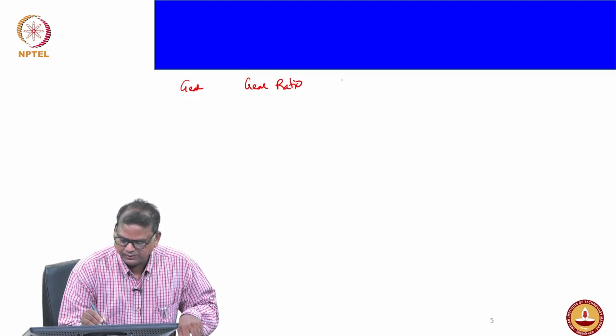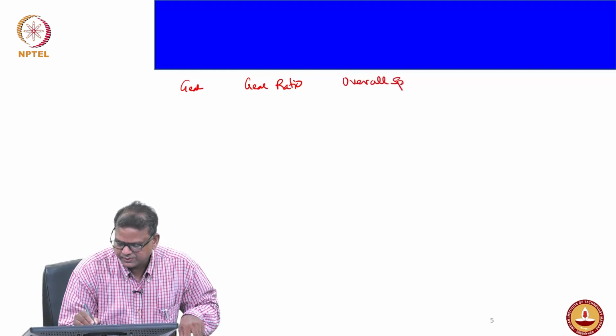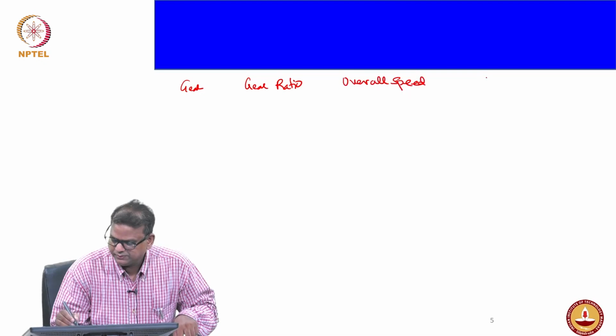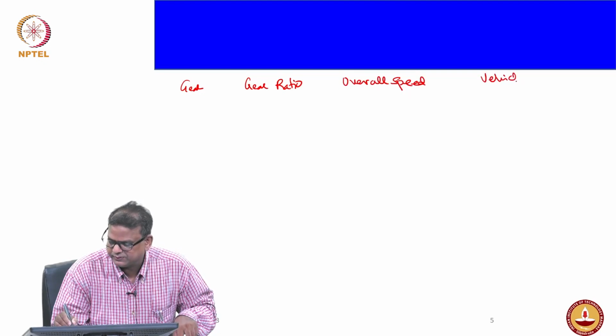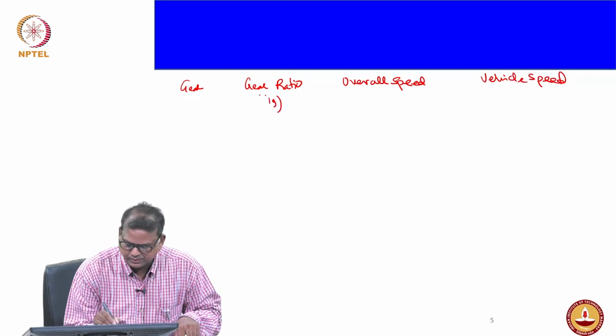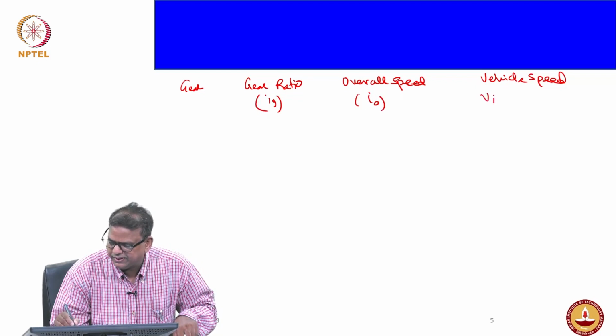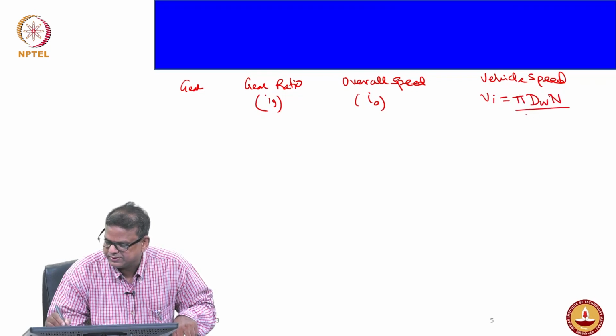So, we will have the gear number, gear ratio, the overall ratio, and then the vehicle speed. Here the gear ratio is Ig, the overall ratio is Io, and the vehicle speed is V equals pi d N by 60 Io, this is the formula.